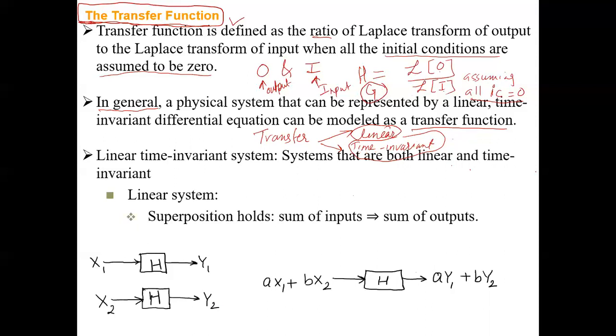In other words, a physical system which is linear and time invariant can be modeled using the transfer function method. We cannot use transfer function for a nonlinear system or a time variant system. It has to be linear and it has to be time invariant. In that case only you can use transfer function.